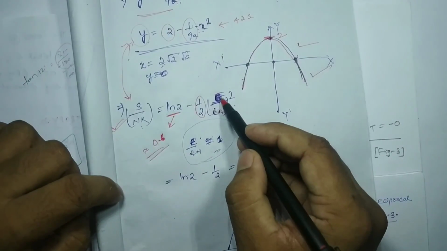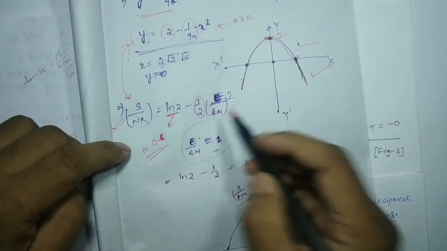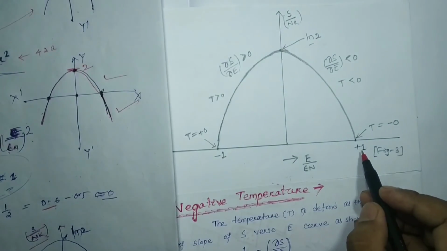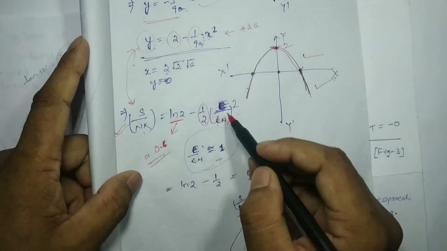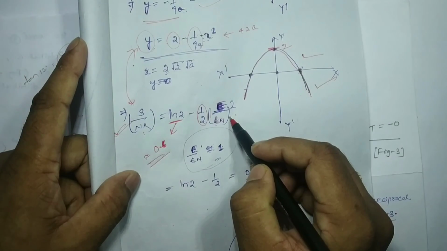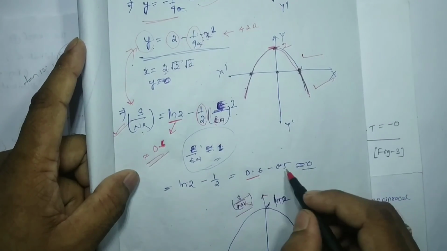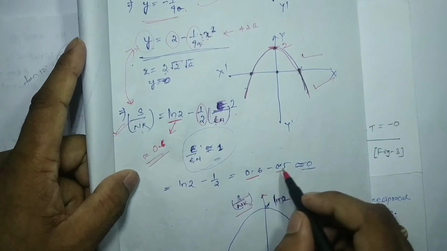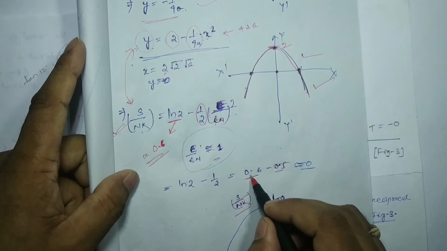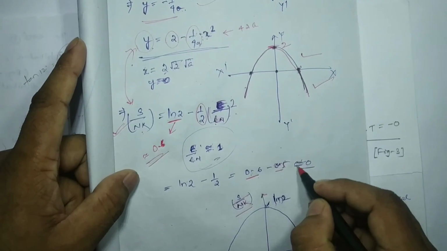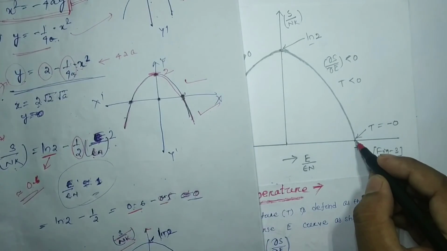So whenever E by epsilon n is equal to plus 1, then this value will be equal to 1. Then we are going to get only 1 by 2, which is 0.5. So 0.6 minus 0.5, approximately 0.